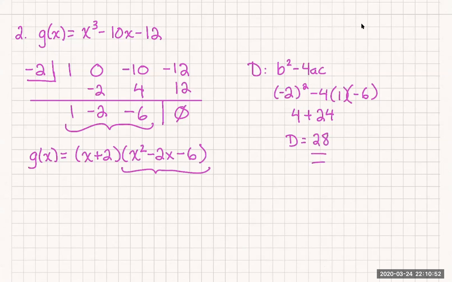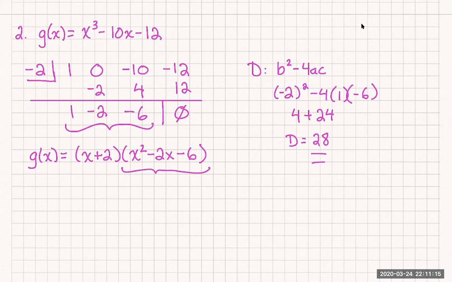Now, it's positive, okay? If it was a perfect square, remember perfect squares are numbers like 1, 4, 9, 16, 25, 36, 49, 81, etc. Numbers whose square root is a whole number. Or it's not a perfect square. So 28 is not a perfect square.